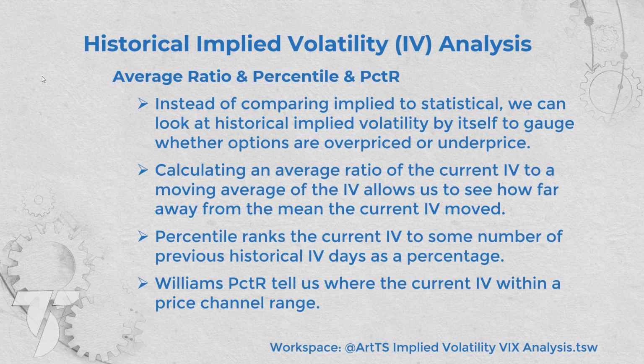And percentile is very valuable, don't get me wrong. But I don't think it's the best measure for whether something has high volatility or not. And I think average ratio is the best for that. So I wanted to include all of them so that however you feel about looking for this type of information, overpriced, underpriced options, you have all 3 of them here in this indicator.